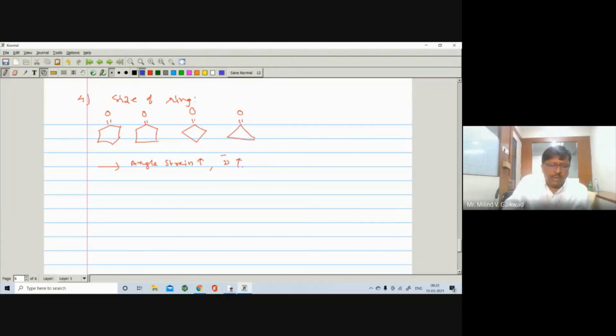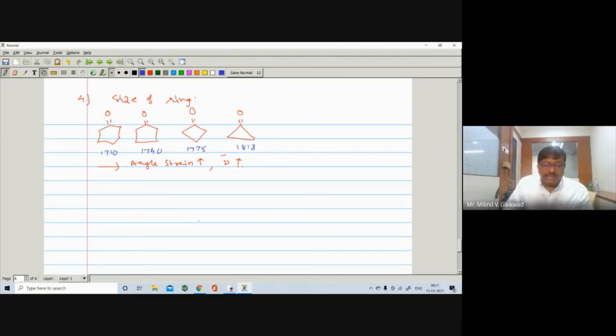So here we have said that it will appear at 1710, then it appears at 1740, then 1775 and 1818. Okay, so it gives the idea about the size of the ring.